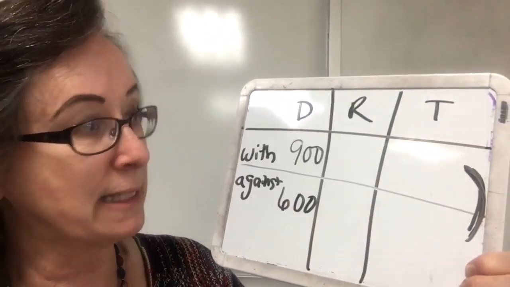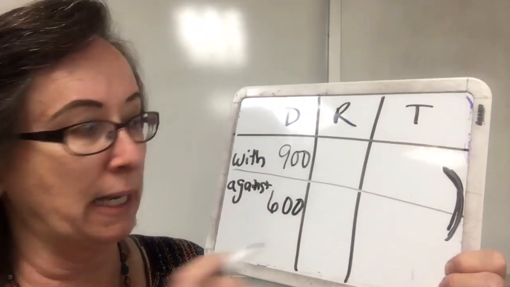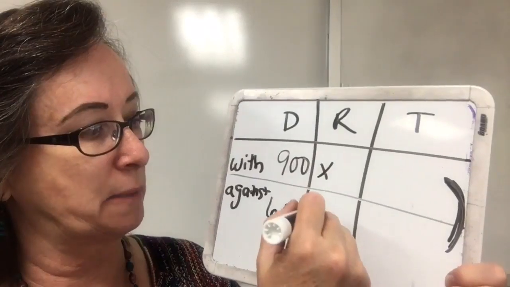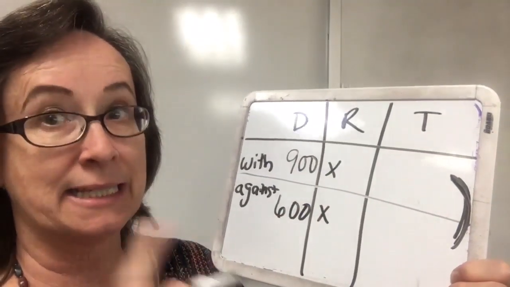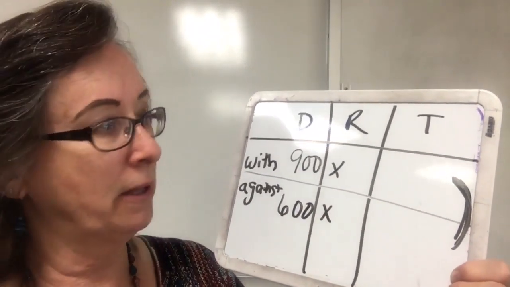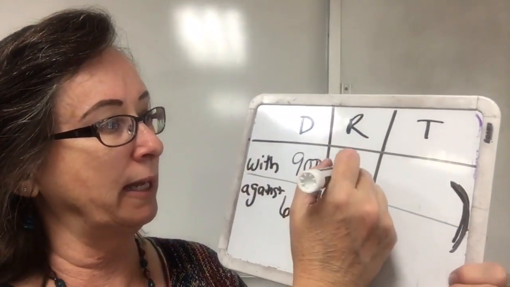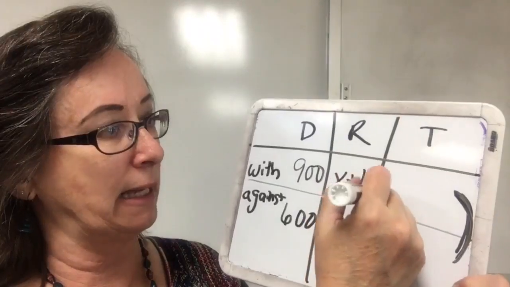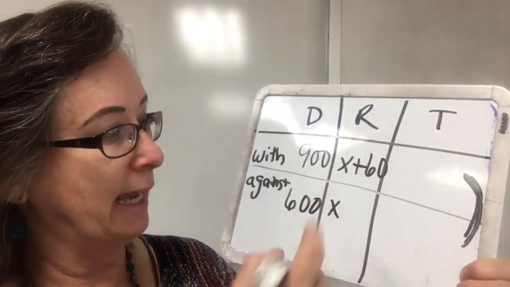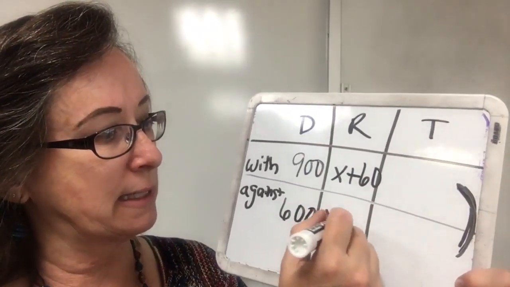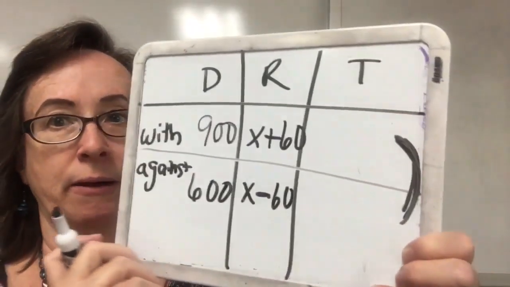Okay, what is the speed of the plane? So we're going to call that x, the speed of the plane in still air if the wind blows at 60 miles per hour. So with the wind is going to be plus 60 miles per hour, and against the wind is minus 60 miles per hour, okay?